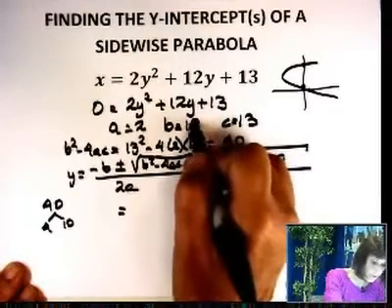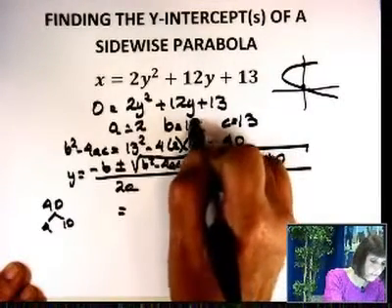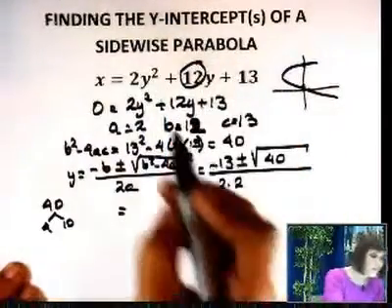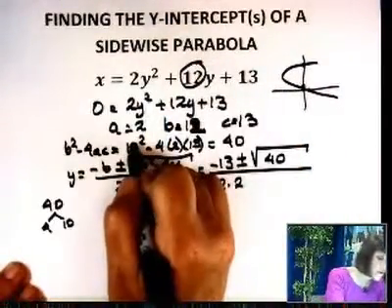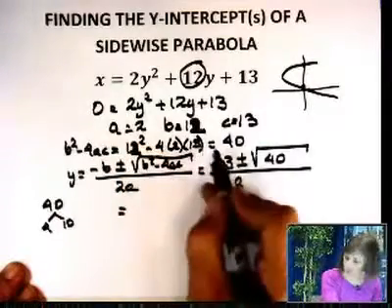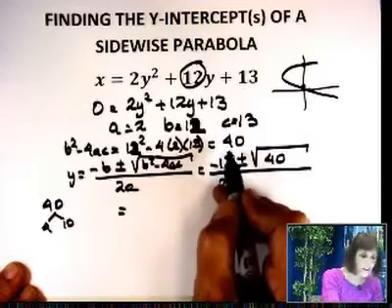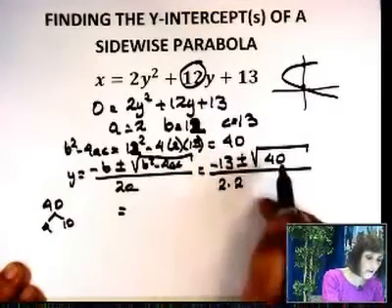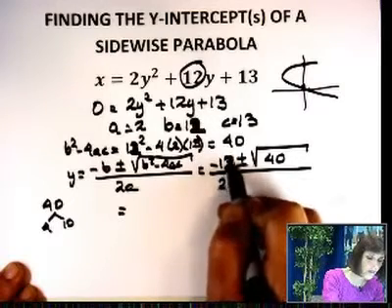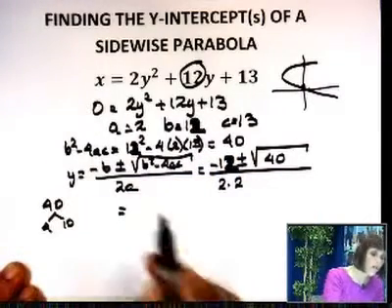It's 12 here, not 13. This is 12. Okay, let's do that. B squared is 12 squared minus 4ac. That gives me 40. That part is correct. But here I have not negative 13, but negative 12. All right, so let me rewrite that.